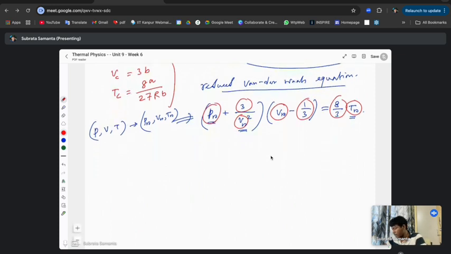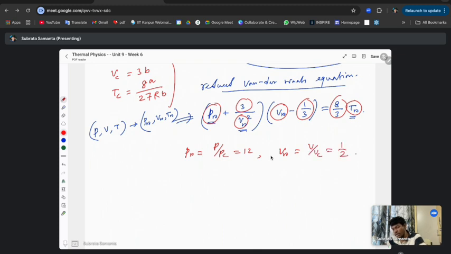Now in the problem your PR value is given: P over Pc is 12, and VR is given: V over Vc is half.